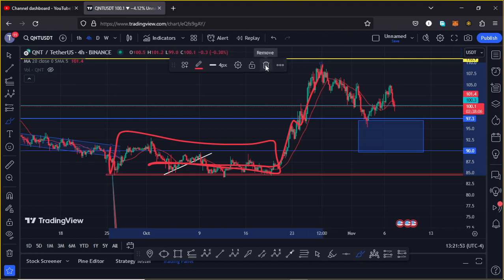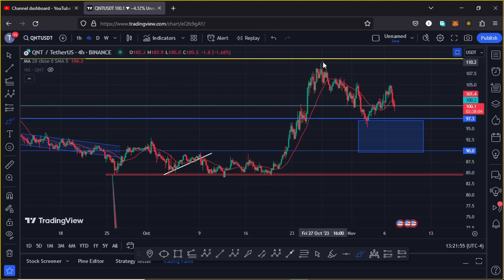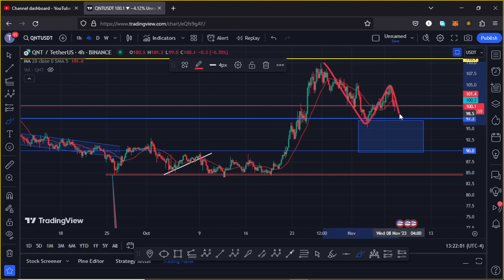After getting that high, we started a pullback that has been playing out here on the charts, and there are chances that in case we get a 4-hour close below the $100 mark, which is a key area of support and resistance, QNT is going to continue seeing further pullback in the next coming hours.